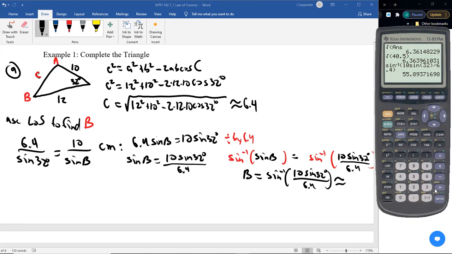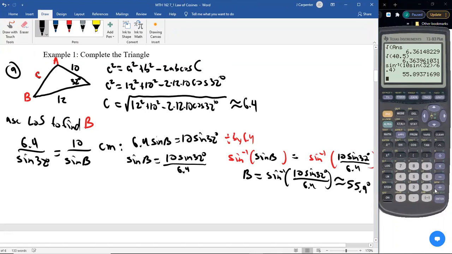And we end up with 55.89, and so on. So rounded to the nearest tenth, that's going to be 55.9 degrees. So B is approximately 55.9 degrees.